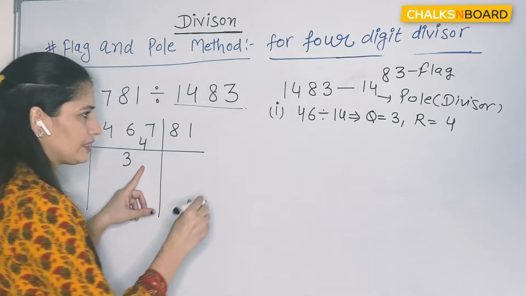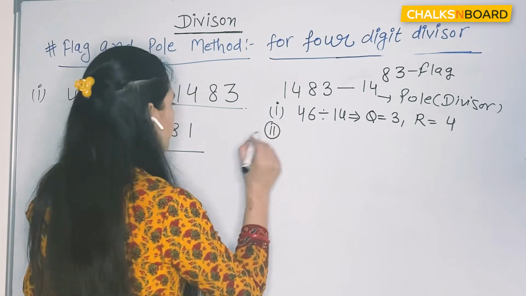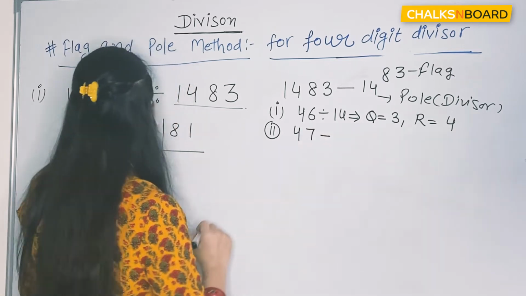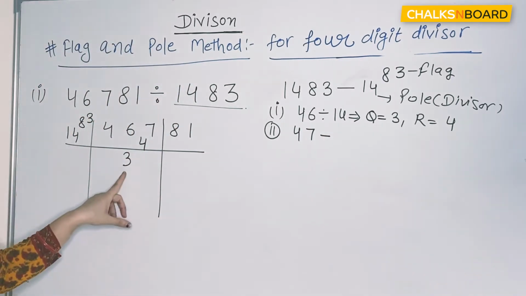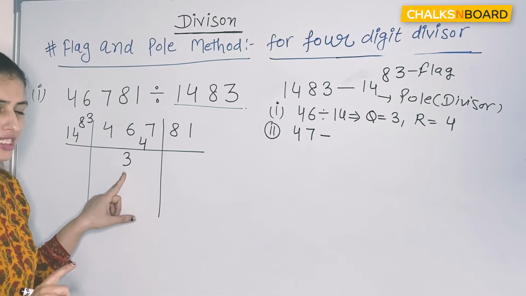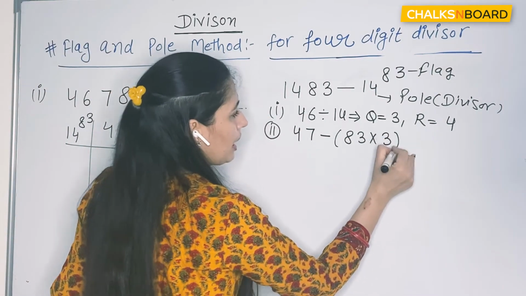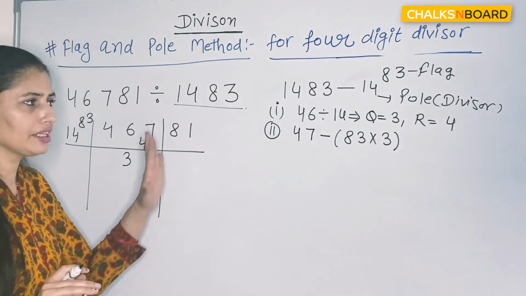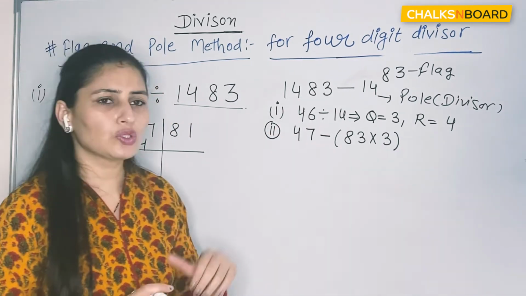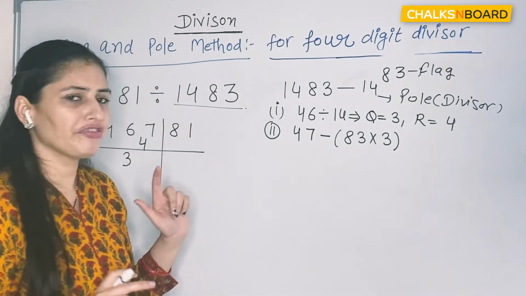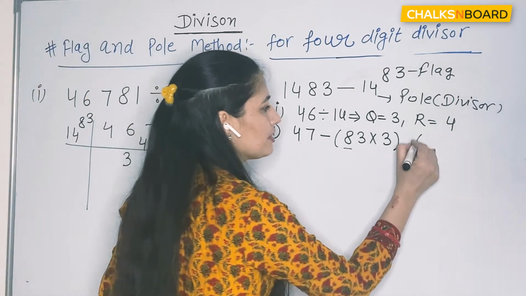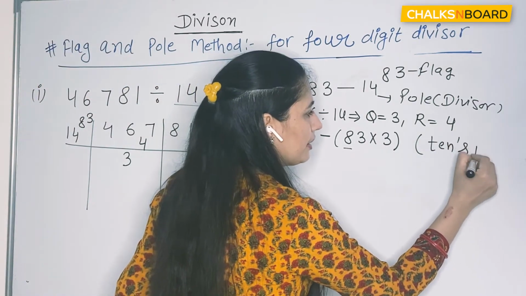Next is 47. So 47 minus multiplication of previous digit, previous quotient, which is 3, with flag, that is 83 into 3. But you can see here in this question our flag is 2-digit number, तो आपको सिर्फ first digit को, that is 10th place digit को multiply करना है.